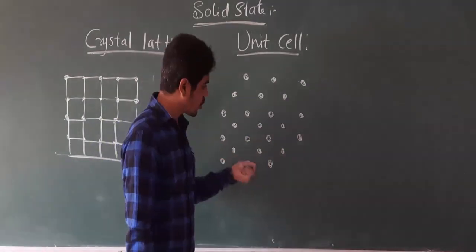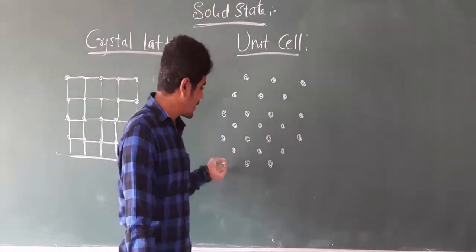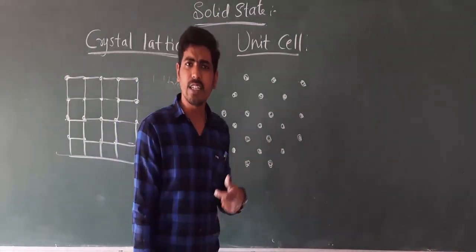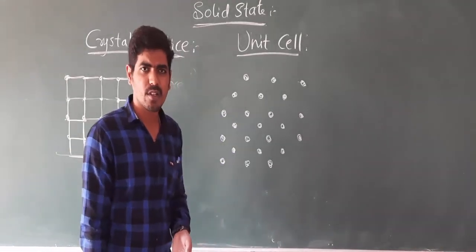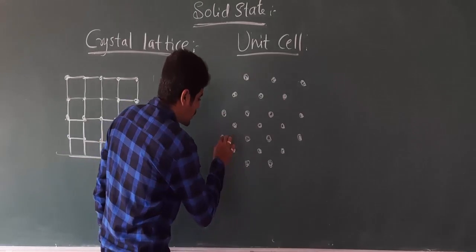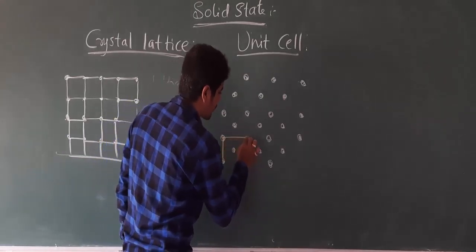And when we join the lattice points by using a straight line, it will form the geometry of the crystal. So here now I will join the points by using a straight line.